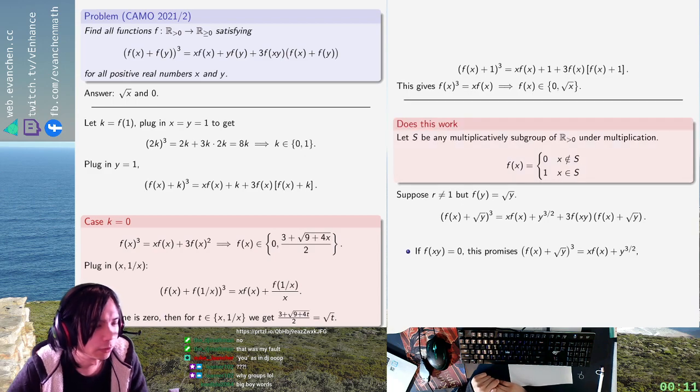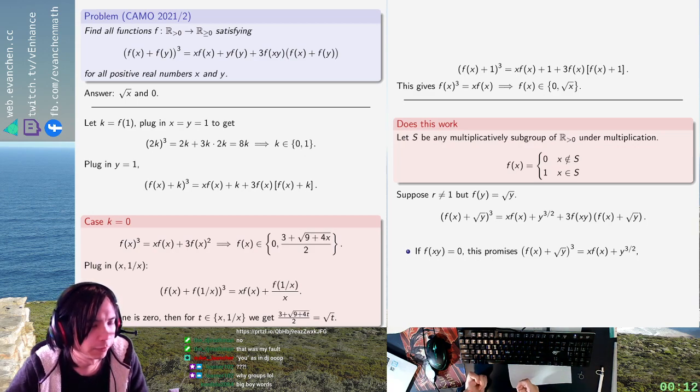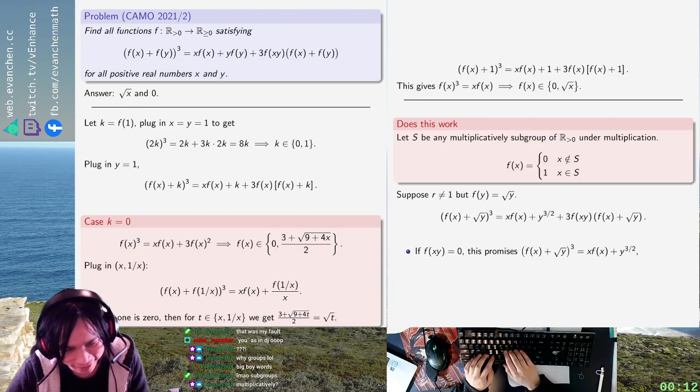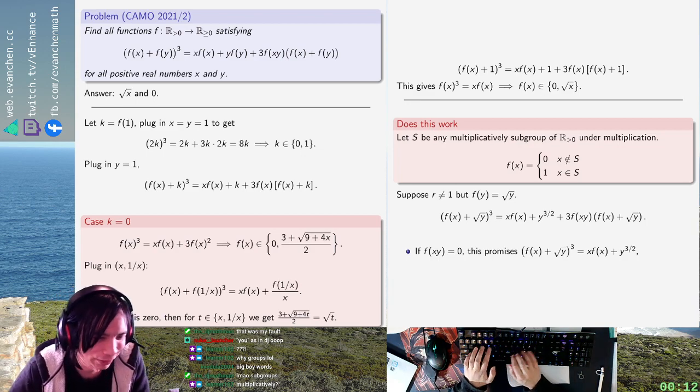Okay, let's see. If x and y are both in S, it's fine. And if they're both in or they're both out, it's okay. Now suppose that you have one in and one out, like x is in, y is out, then xy is also out. Okay, so this works. I'm not crazy, right?